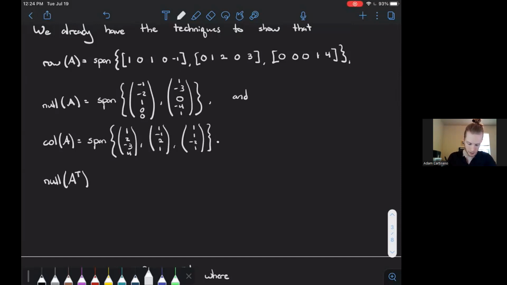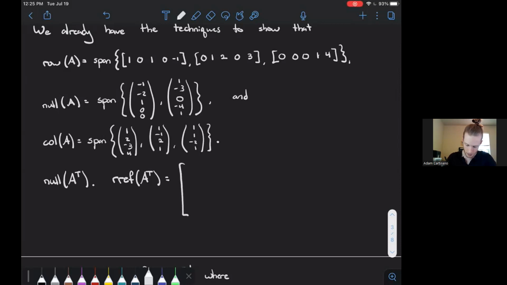Okay, so the null space of A transpose, we have to row reduce A transpose. I'm just going to tell you what the row reduced echelon form of A transpose is, mostly because what are we going to do? Transpose the matrix and then row reduce it.